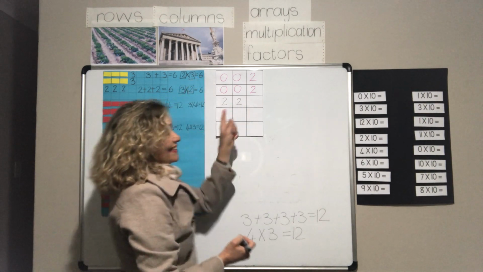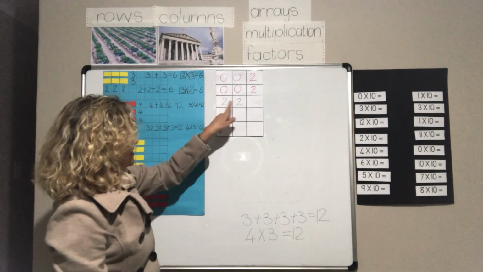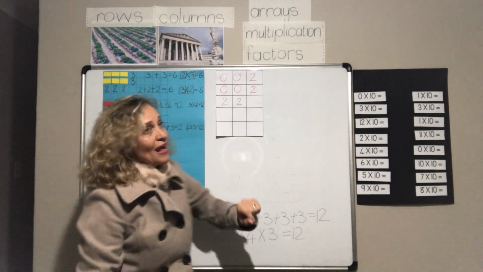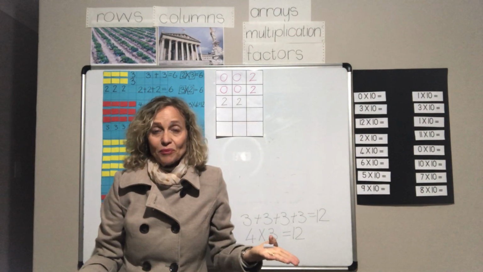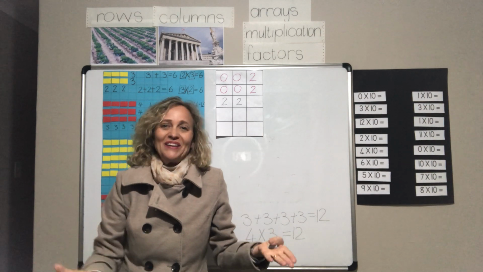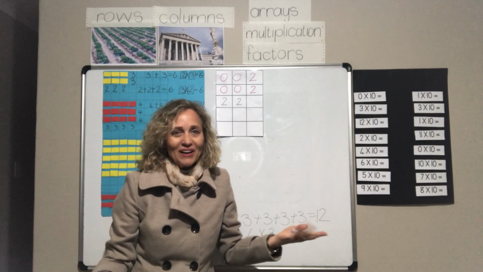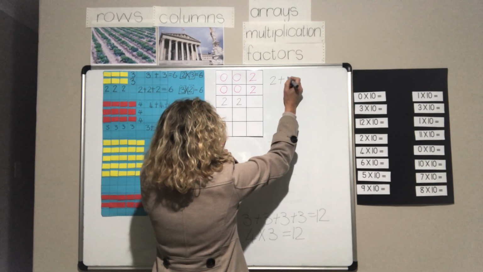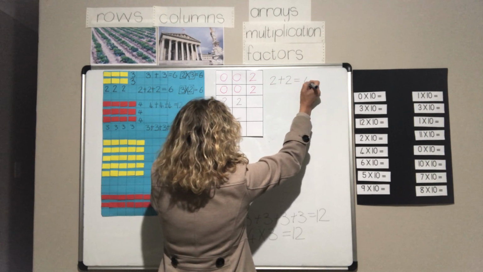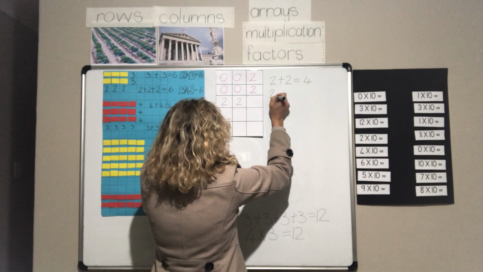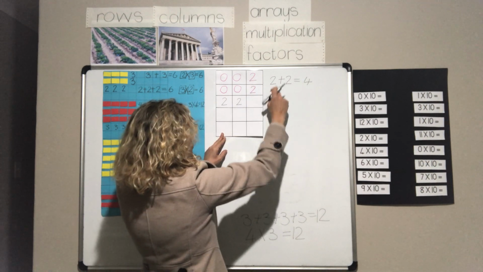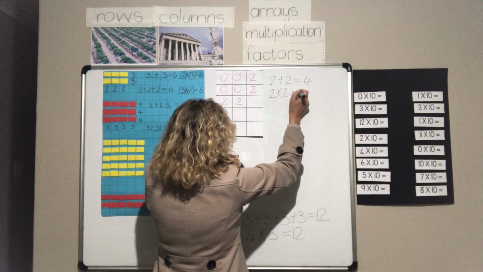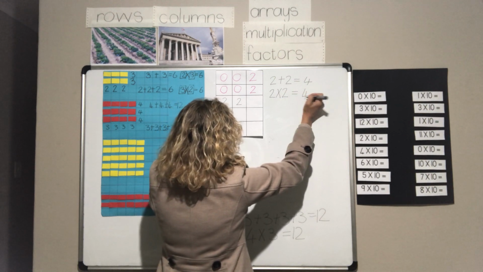So in this case, the factors are the same numbers all along. So we can either say 2 plus 2 equals 4, or we can say there are 2 rows, there's 2 twos, 2 times 2 equals 4.